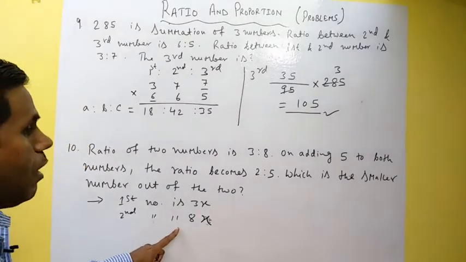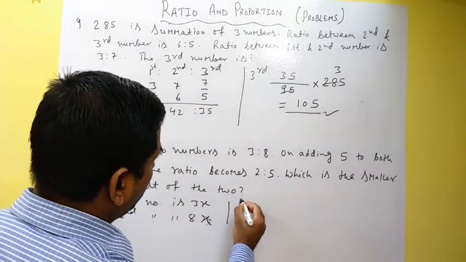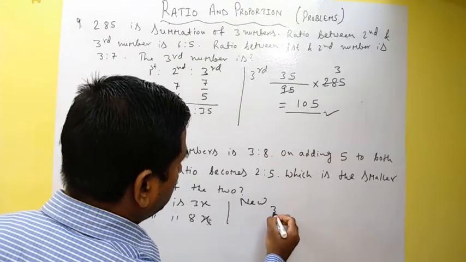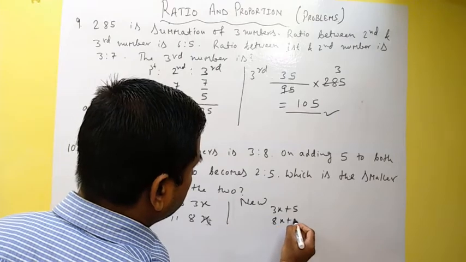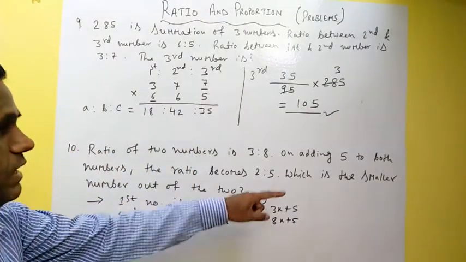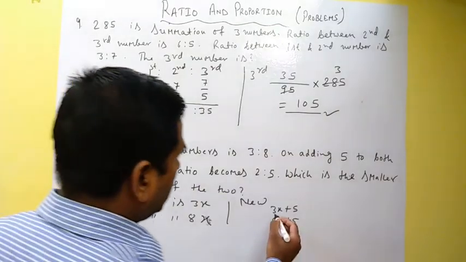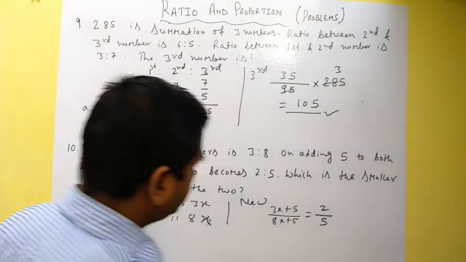Now upon adding 5 to both the numbers, the new numbers are 3x plus 5 and 8x plus 5. Upon adding 5 to both the numbers, the ratio becomes 2:5. So if we take the ratio of this, it becomes 2/5.